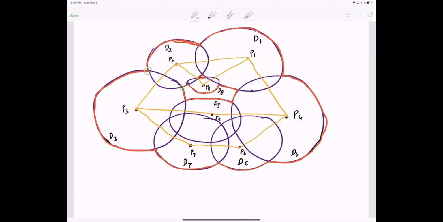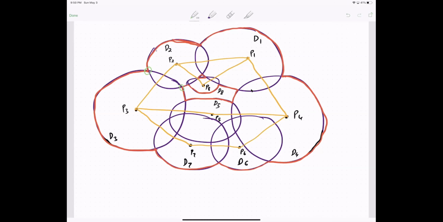At least one of them, in this case both actually, is on the boundary of the union. There are two conditions to take care of. First, D2 and D3 actually intersect, which we can see. Once they intersect, they have 2 intersection points, shown in green, and at least one of them is on the boundary of the union of the disks. That's why P2, P3 got joined.